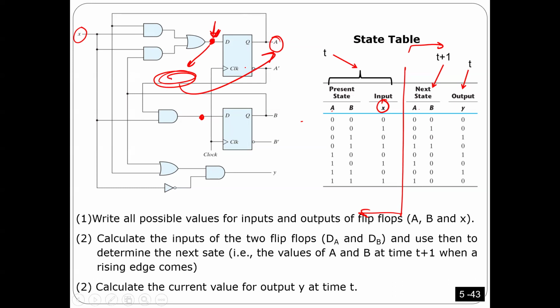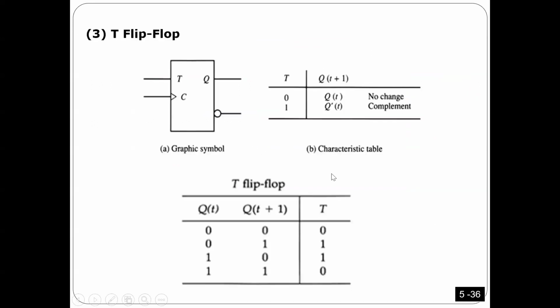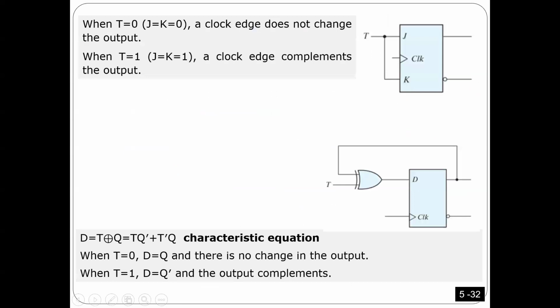Again, the characteristic equation, as I explained before, if I go back, for example, here in the T flip-flop.